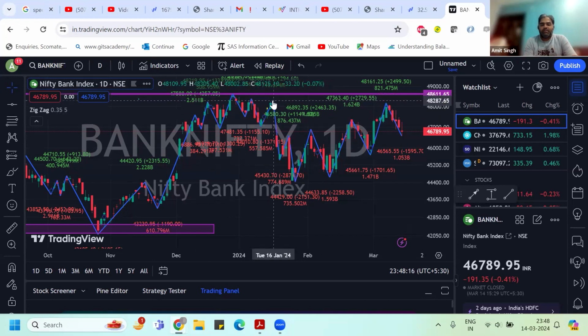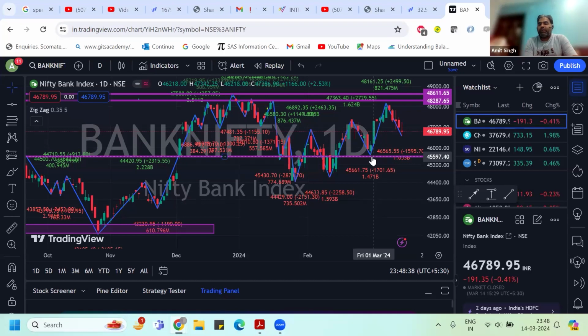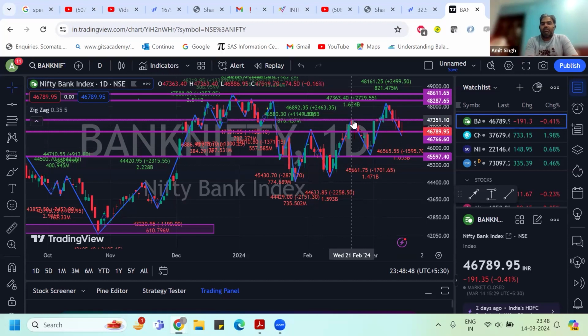Then this level, you can see this. 48,333 would be a very crucial resistance. You have seen Bank Nifty has touched that. It came back. Then at this level, you have the support at this value. 45,597 would be a support. Then this level or this level, fine. These would act like support and resistance.